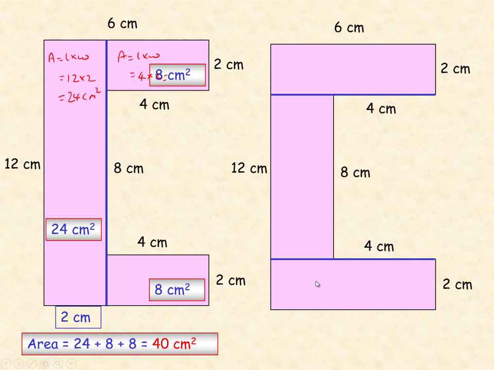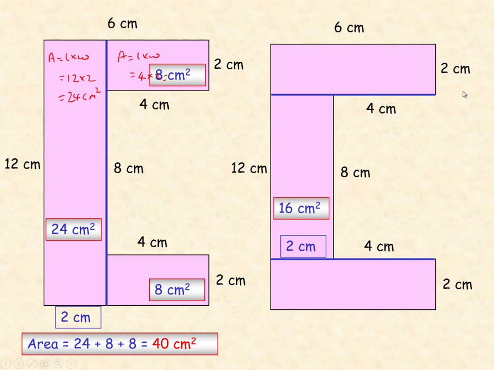So this part is 2 and that part's 2. 12 take away 4, it's going to leave me with 8 centimeters, and across here I've got again 6 take away 4, which is 2. 8 by 2 gives me 16.